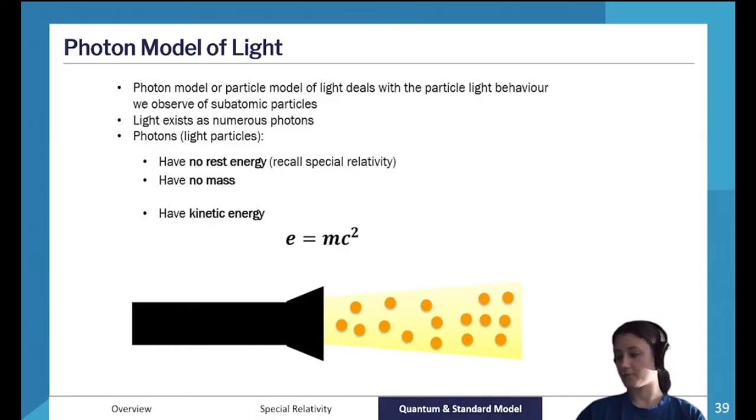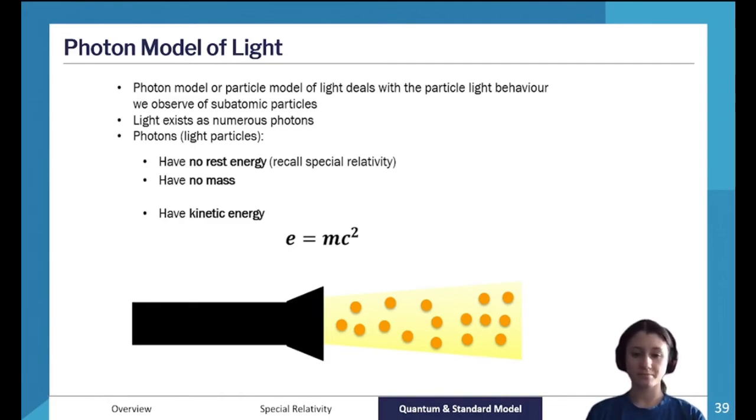Photons have no rest energy. Recalling special relativity, they have no mass either. Remember, going back to special relativity, photons travel at the speed of light. Nothing with mass can travel at or faster than the speed of light. So they don't have any mass. And they also have kinetic energy.